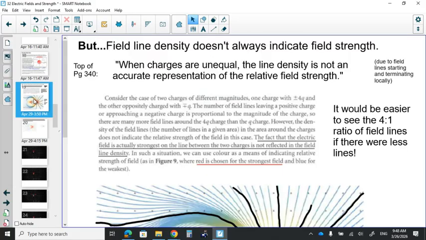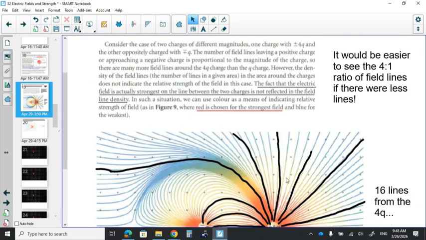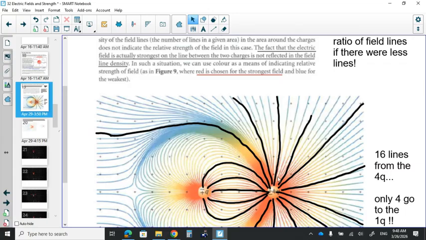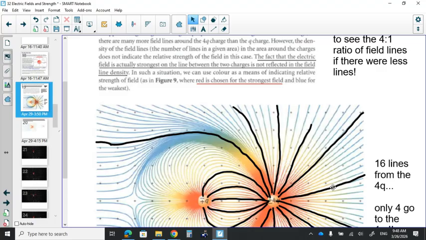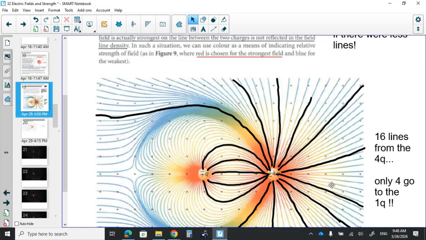However, when you have more than one charge, in the way they're overlapping and so on, it actually becomes not as obvious. The field lines don't give the field strength in that case. So when charges are unequal, the line density is not an accurate representation of field strength. If you look at this picture, I've highlighted 16 field lines.